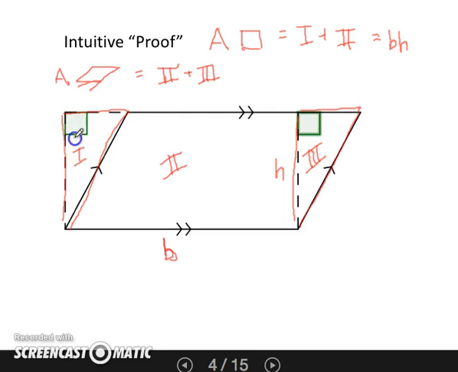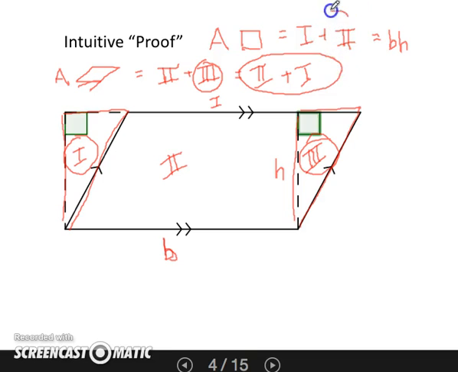But since we've already said that region 1 and region 3 are congruent, we can substitute the area of region 1 here. So we have the area of region 2 plus the area of region 1. And look, now we have an identical expression to what we had for the area of this rectangle, which is base times height, the formula that we already knew for a rectangle and we now know for a parallelogram.